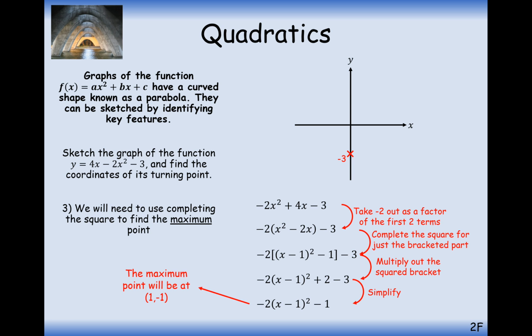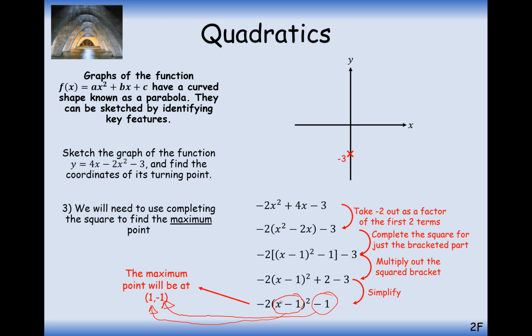Now to find the maximum point here, we need to look at this point here and this point here. Now the maximum value here is when this bracket is equal to 0, so that we get just this point here. So your y coordinate is going to come straight from this expression at the back here, and your x coordinate is going to come from solving this equal to 0.